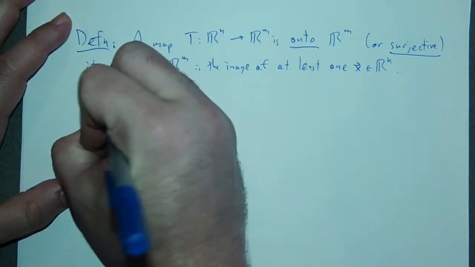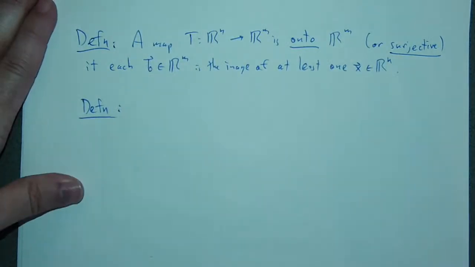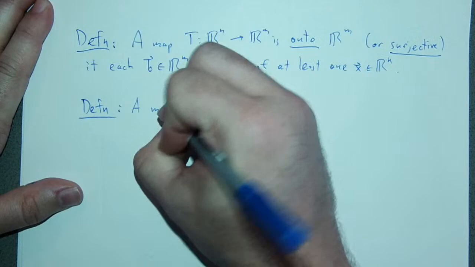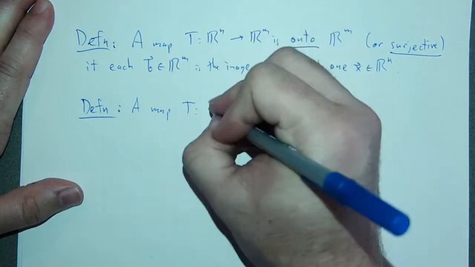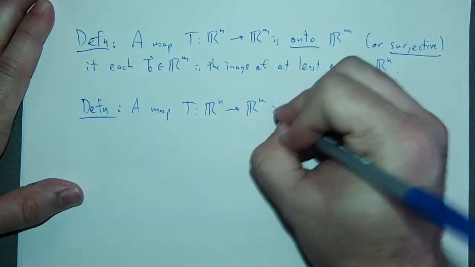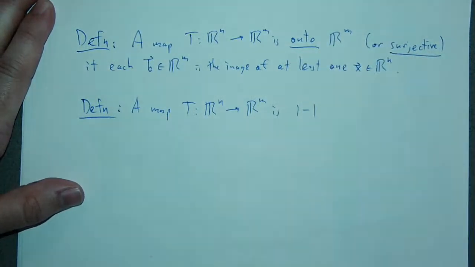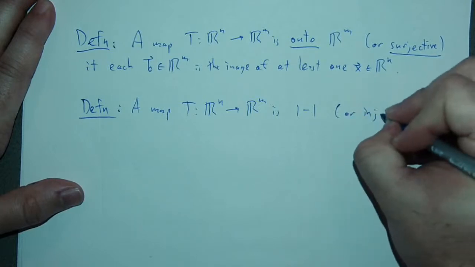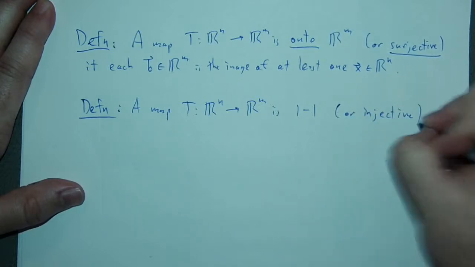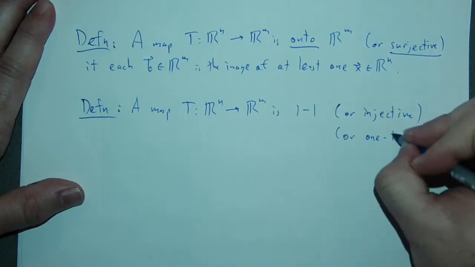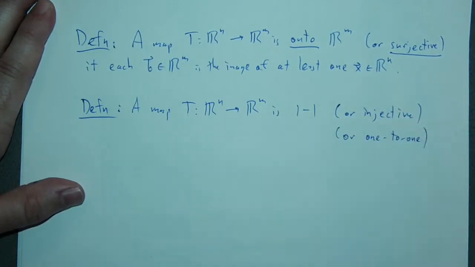And next definition: a map from Rn to Rm is one-to-one, or injective. If you don't like that, you can write it or you can say it like this.